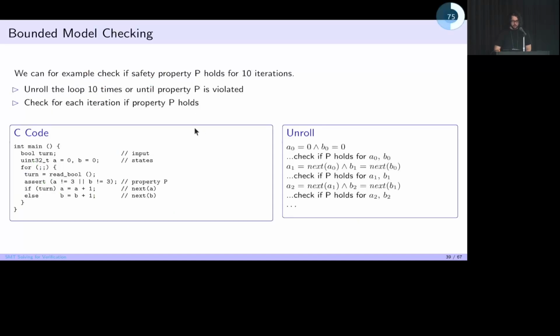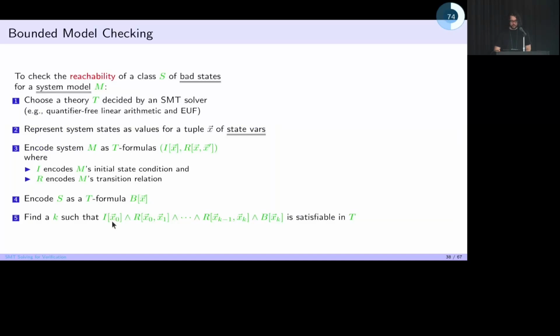We can do a simple example, which is to consider whether a given property holds after 10 iterations of this C code that we have here. We have this loop, and I can just unroll it 10 times, and then I want to test whether after 10 times this property holds or not. So the formula that I have to build is the formula that represents exactly this.